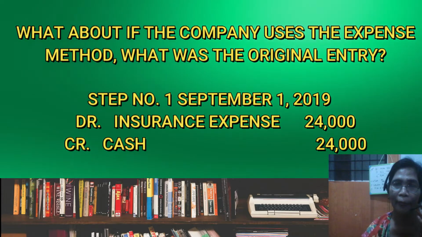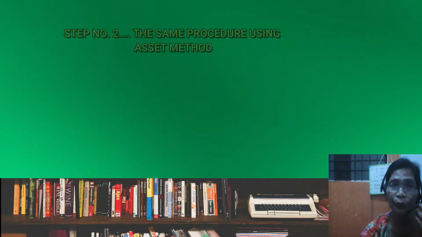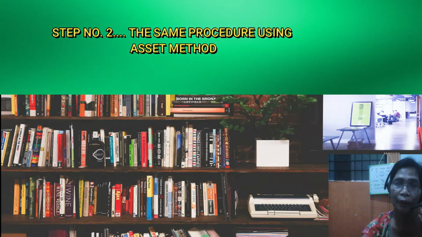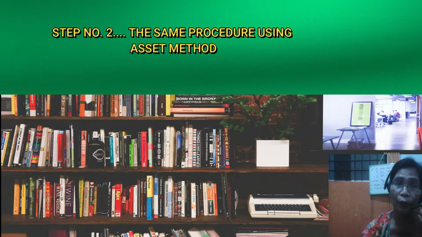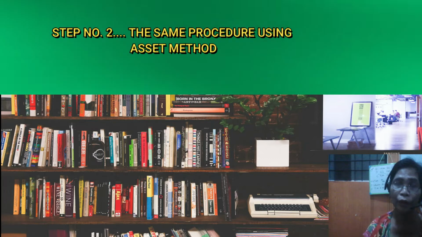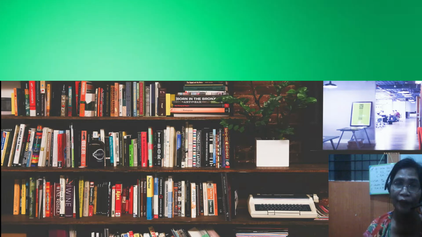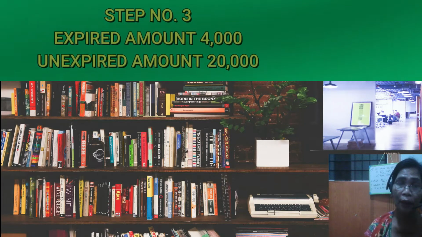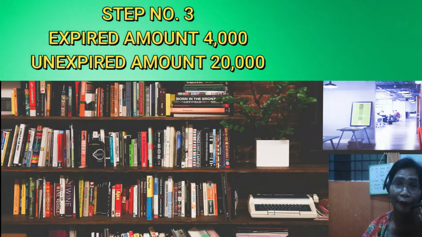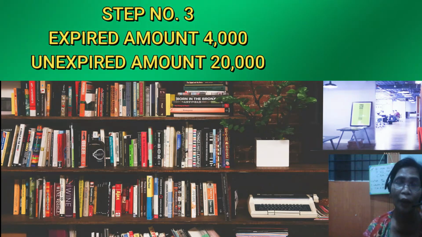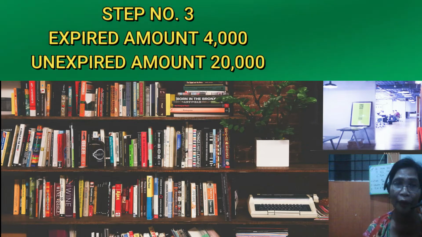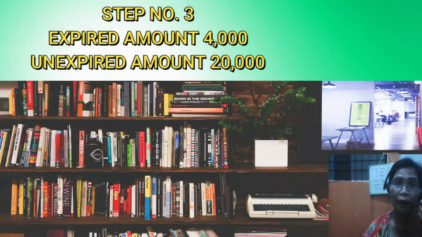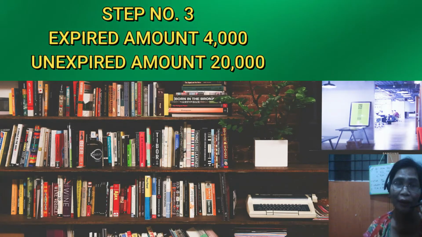But in step two, at the end of the year, this is just the same as our asset method: you segregate the unexpired portion from the expired portion. So the unexpired portion is 20,000 and the expired portion is 4,000. In step three, under the expense method, the expired amount is 4,000 and the unexpired amount is 20,000.